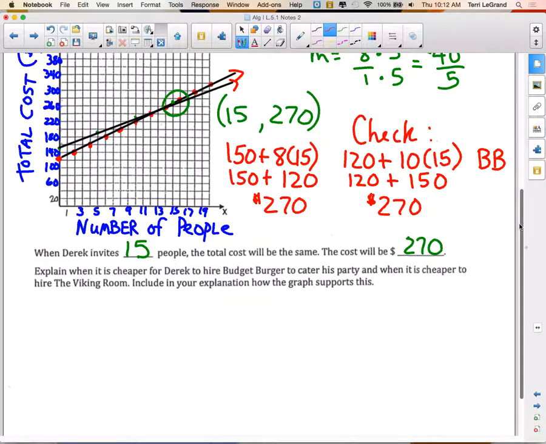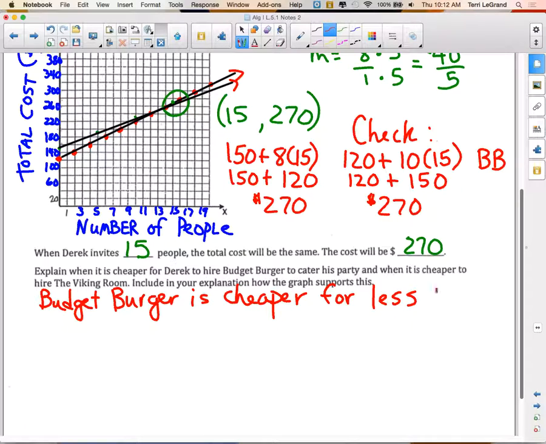Is this Budget Burger or the Viking Room? That one's Budget Burger. So we would say Budget Burger is cheaper for less than 15 guests.